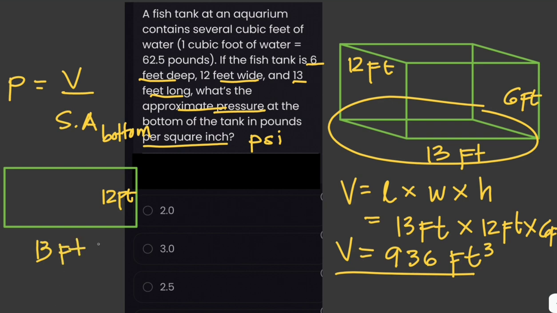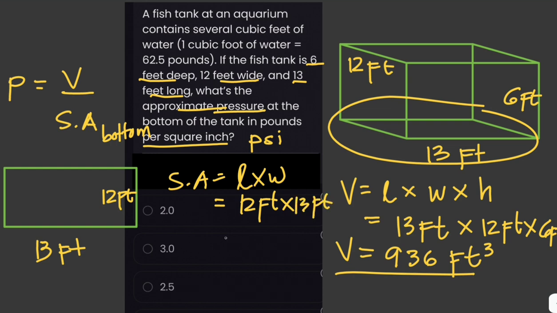Now the surface area for this one is just the product of the width and the length. So that would be 12 feet times 13 feet, and this would give us 156 square feet.